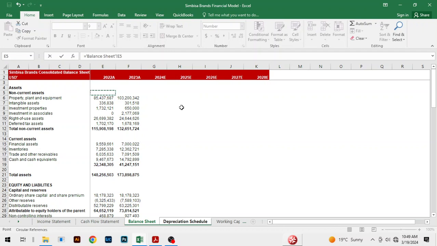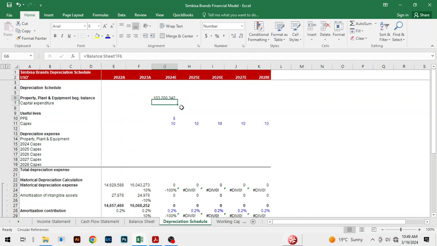So our property, plant and equipment figure must include the balance for the right of use assets as well. Okay, right of use assets. So to do that, for now, let me just press enter here.